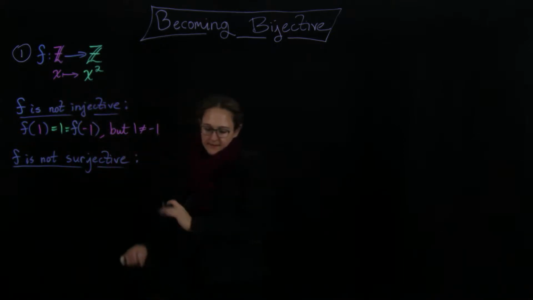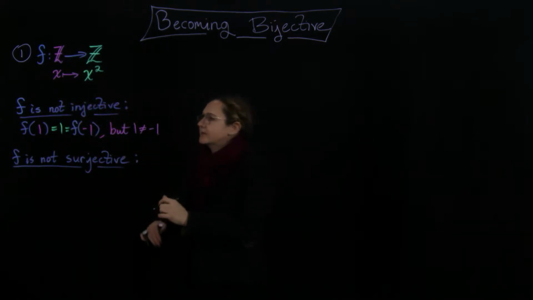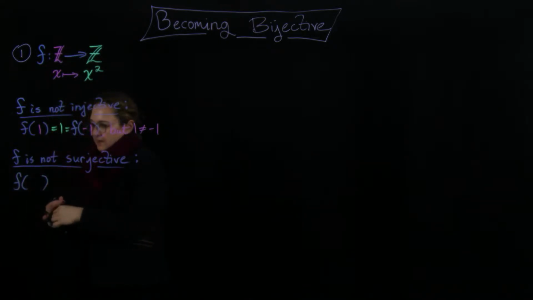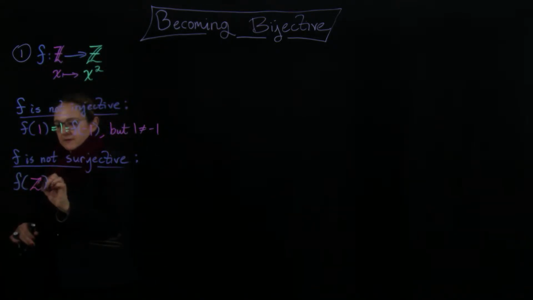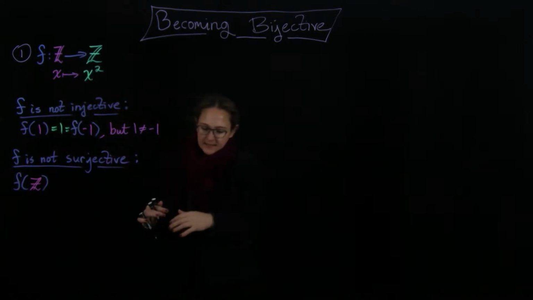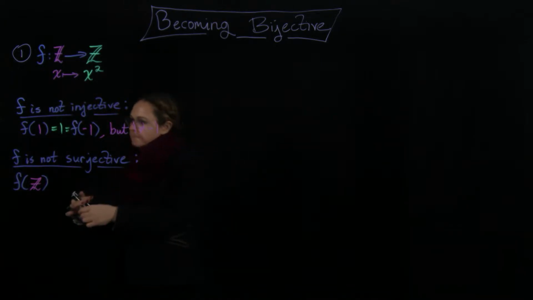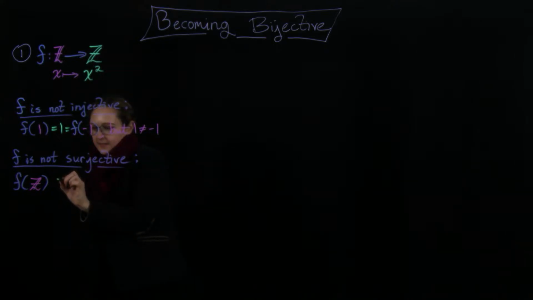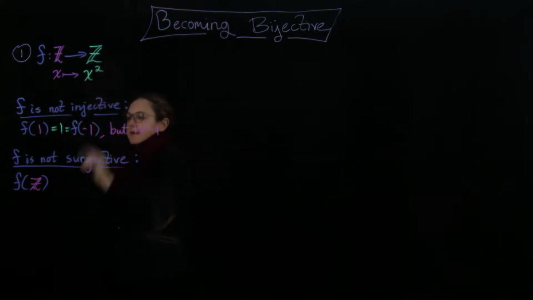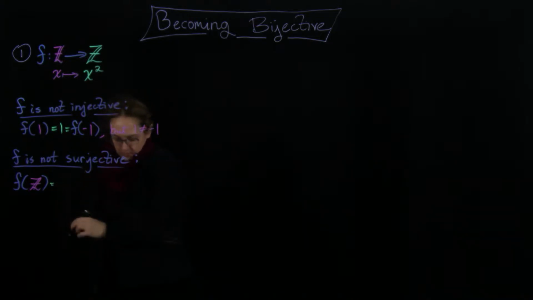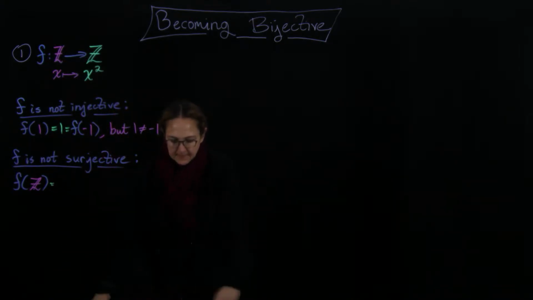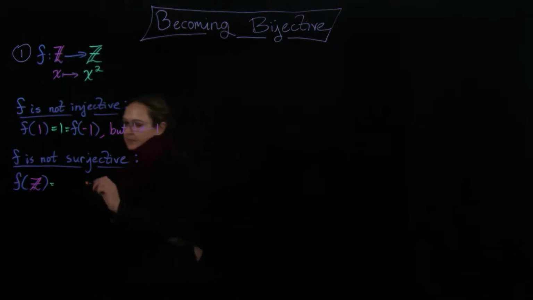So how do I know that? Let's look at the image, or the range. If I'm looking at all outputs, this is a subset of the codomain, and it's going to be important that it is.